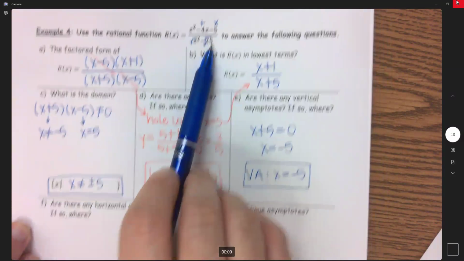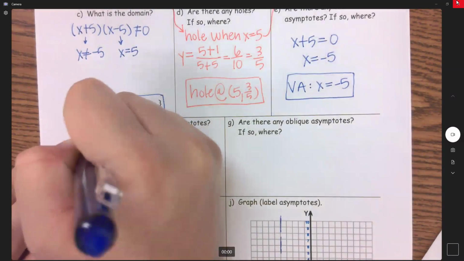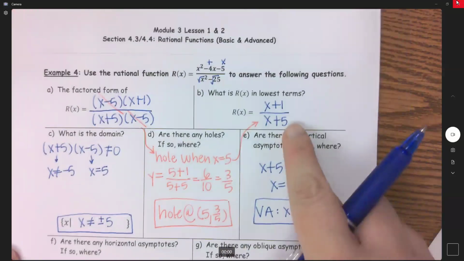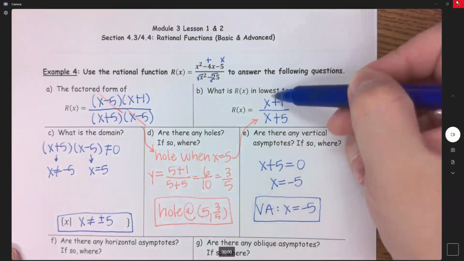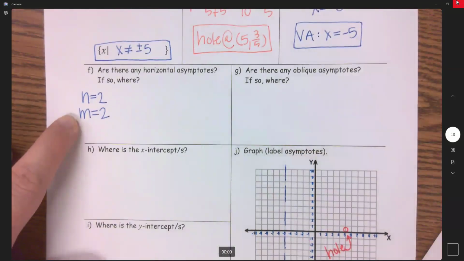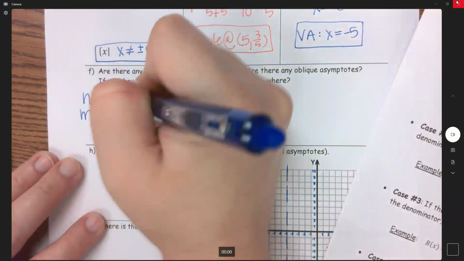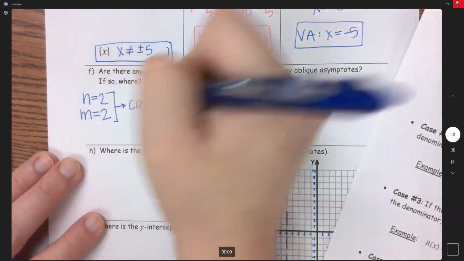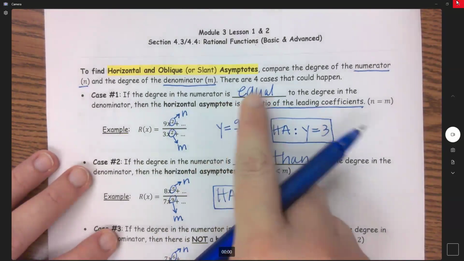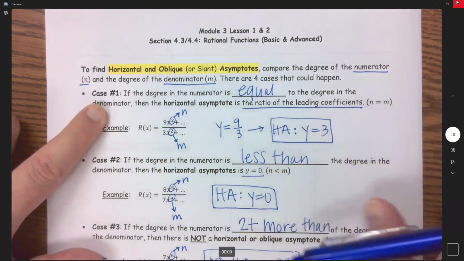If I do the original here, my N is 2 and my M is also 2. If I do my reduced, then my N is 1 and my M is 1. Either way, they're going to be equal, either 1 and 1 or 2 and 2. And when these are equal, we have a case number what? When the numerator degree is equal to the denominator degree, my horizontal asymptote is the ratio of the leading coefficients.